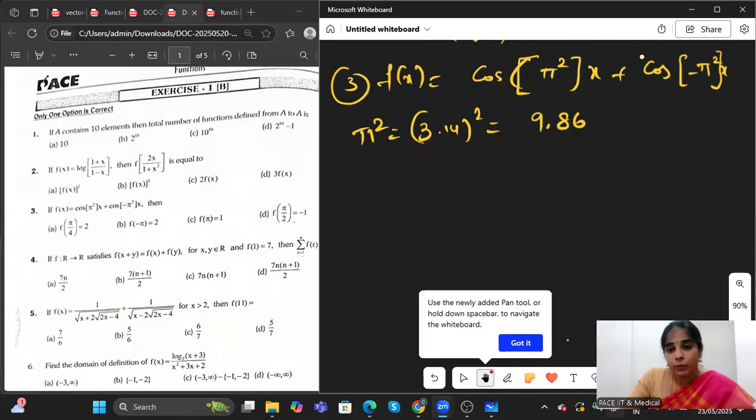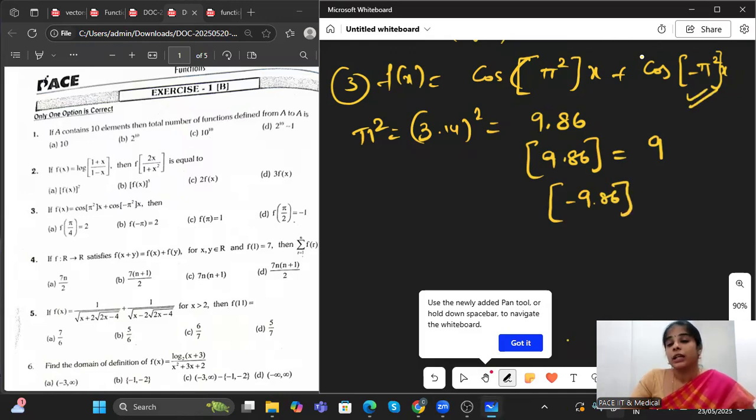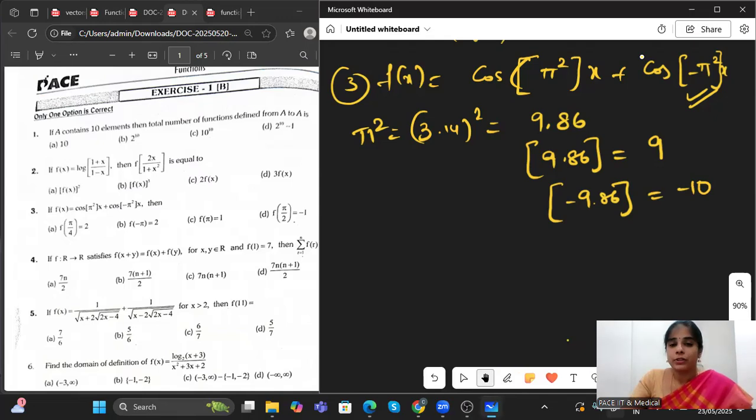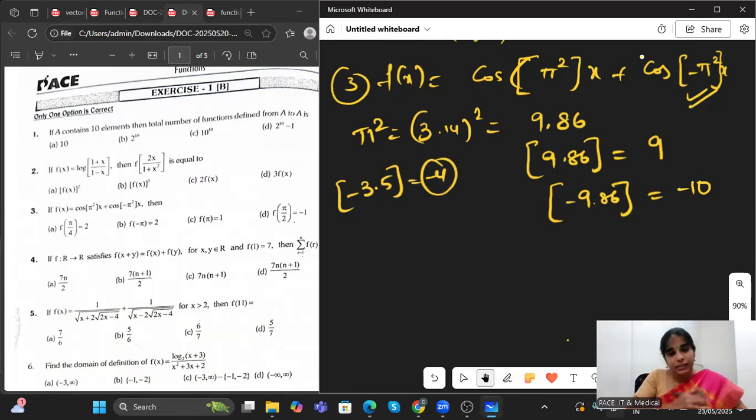Now tell me what is step 9.86, which is the same as writing 9. And coming to step minus 9.86, the second part, that will be minus 10, isn't it? So if you have step minus 3.5 or something, will we go with minus 4 or not? That's the greatest integer just before that value.